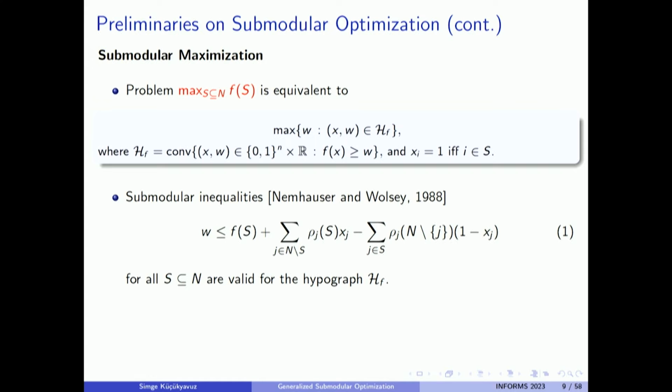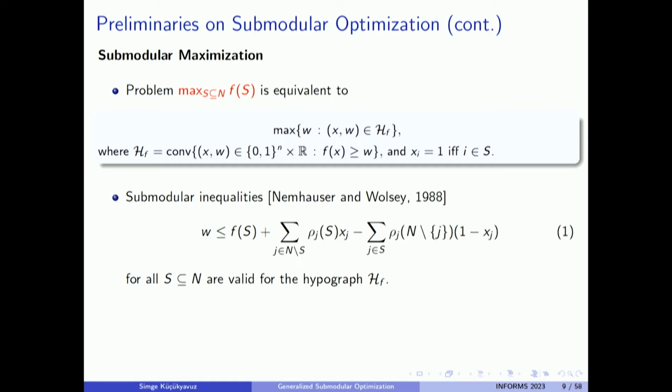So what this says is, again, for every subset S, the valid inequality says W, this objective function variable, is less than or equal to the function evaluation at that subset, plus the marginal contribution of adding items j that are currently not in S to S, multiplied by that binary variable, and subtracting from it the marginals of adding items j in S to N minus j, times 1 minus x_j. So what this means is removing item j from the subset S.